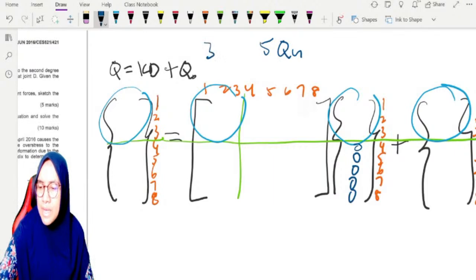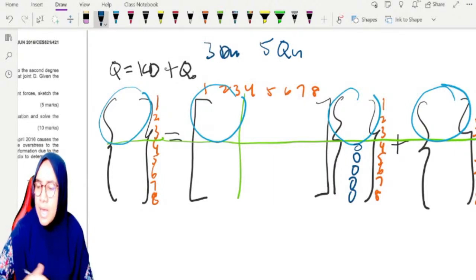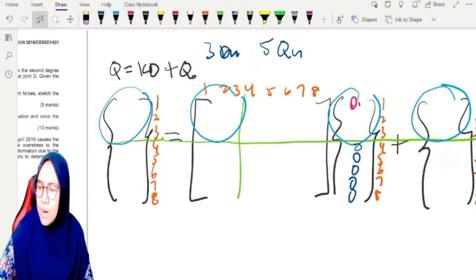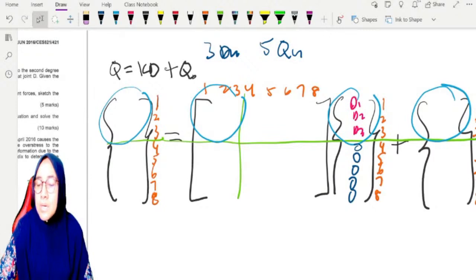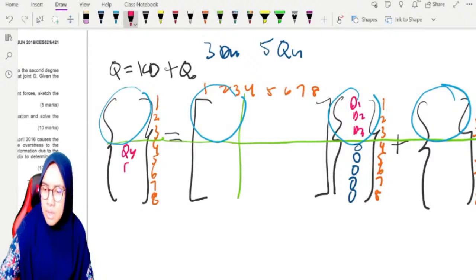We have 3 unknown displacements, D1, D2, D3, which we keep as labels because we do not know the values yet. The 5 unknown reactions are Q4, Q5, Q6, Q7, Q8.